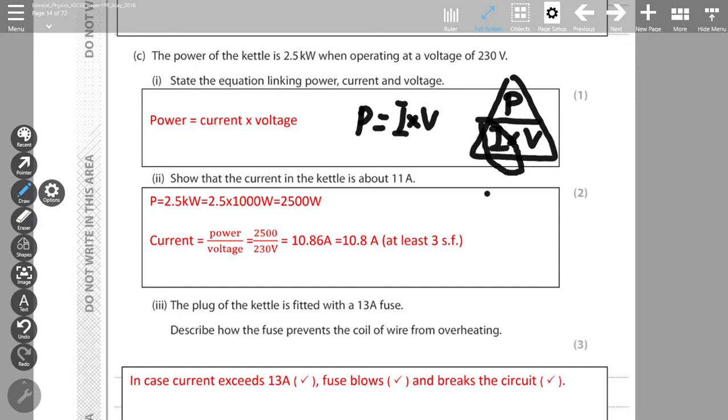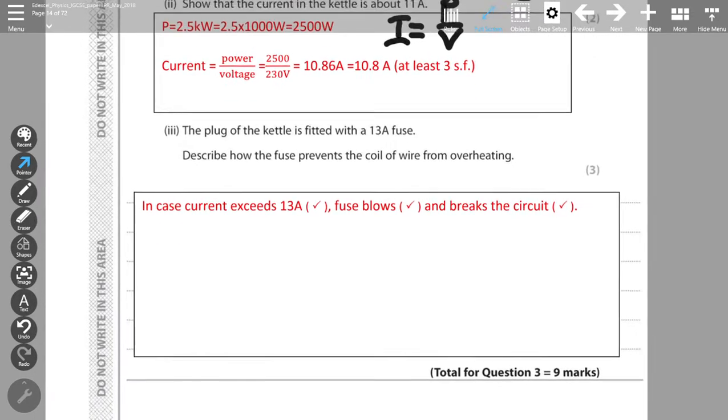So to find current, we should divide power by voltage, and we get 10.86. Here we will keep 3 significant figures. So if you don't know how many, keep 3. Finished.